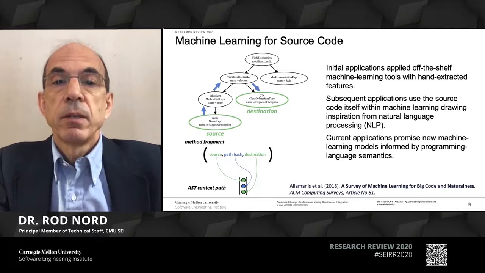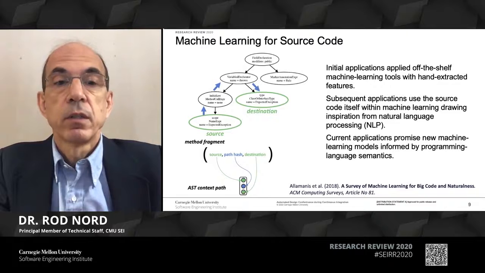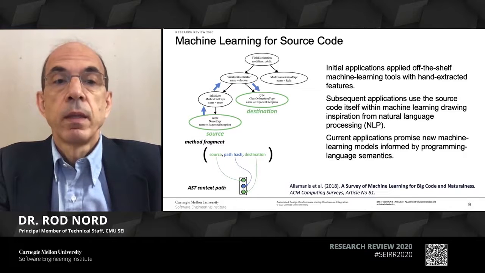Subsequent applications made feature extraction part of the machine learning pipeline. With it comes the challenge of how do we embed multiple views of code, such as compiler representations, static code analysis, and design information in the form of frameworks, into a compact vector for classification and still preserve the important information.